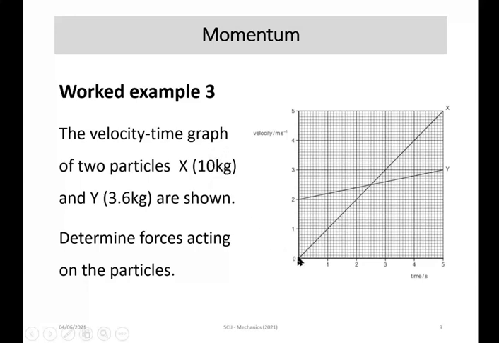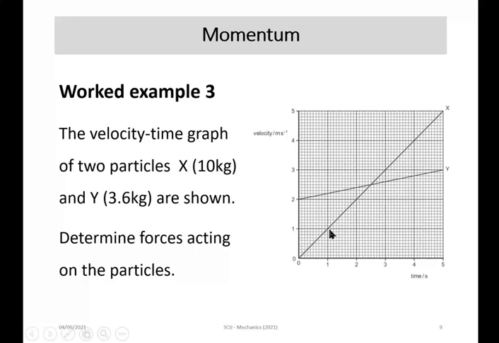So the difference between the momentum here and the momentum here will be 50 Newton seconds. Then I'll divide it by the time interval from here all the way to here. It is about 5. So 50 Newton seconds divided by 5 brings us to 10 Newton.